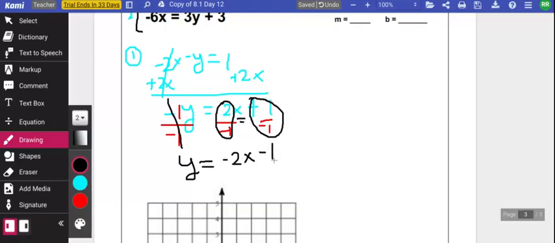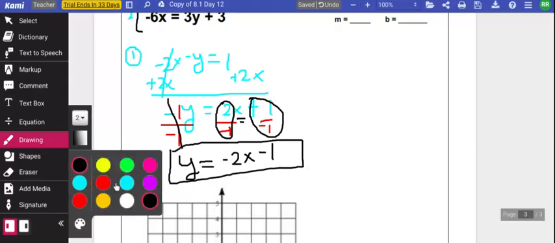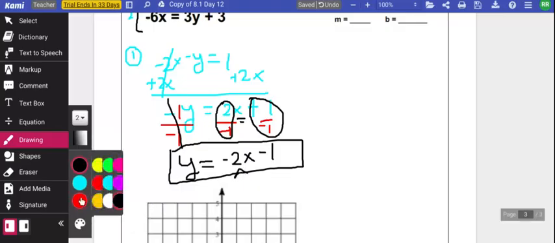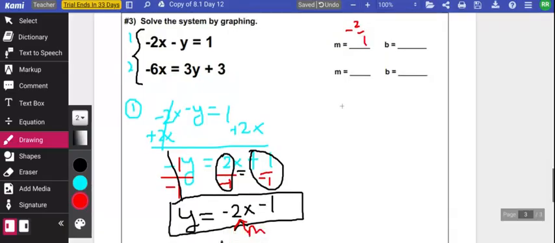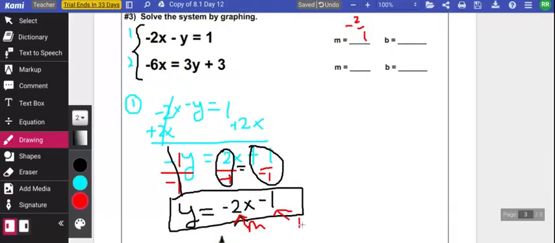That is, of course, -1. So you got y equals -2x minus 1. So this is m. The number in front of x is m, so that is -2, or -2 over 1. And b is this constant term, which is -1.